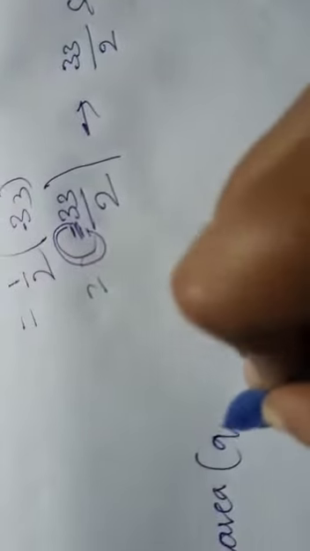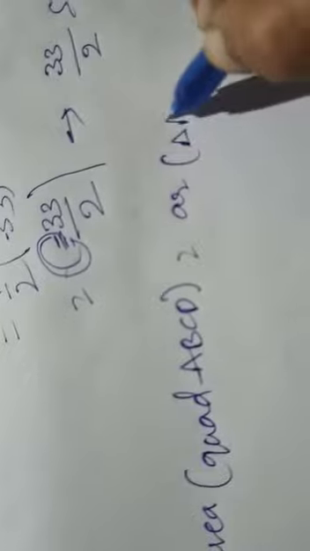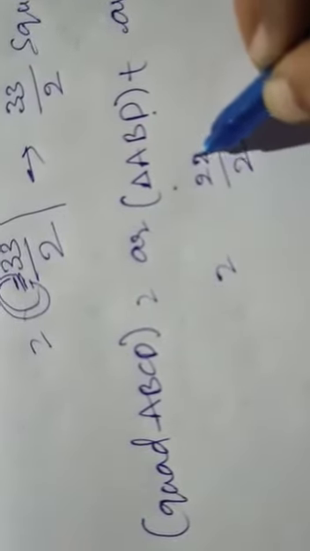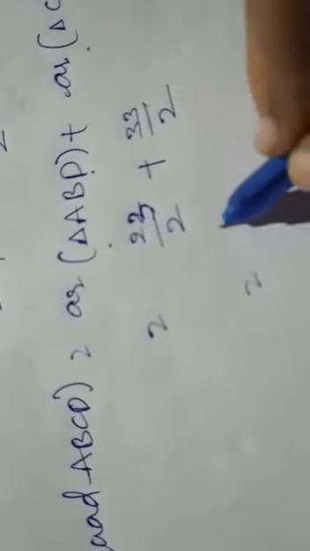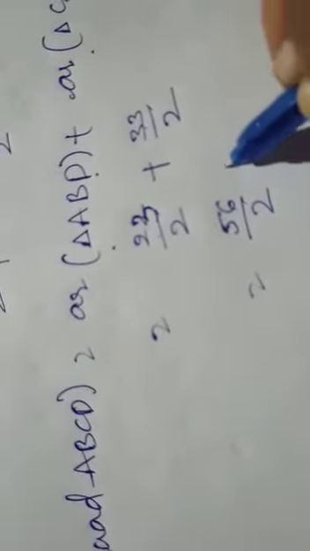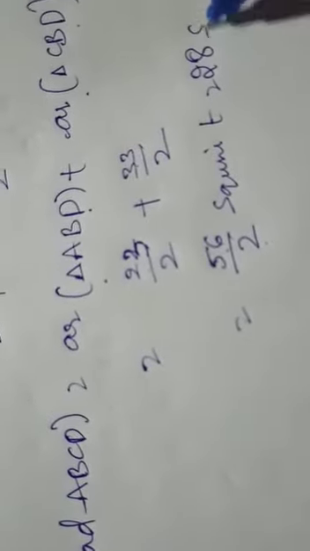Since the area of quadrilateral ABCD is equal to the area of triangle ABD plus the area of triangle CBD, we get 23 by 2 square units plus 33 by 2. 23 plus 33 is 56 by 2 square units, equal to 28 square units.